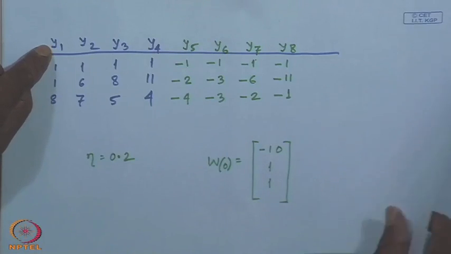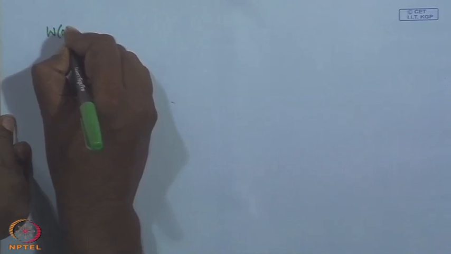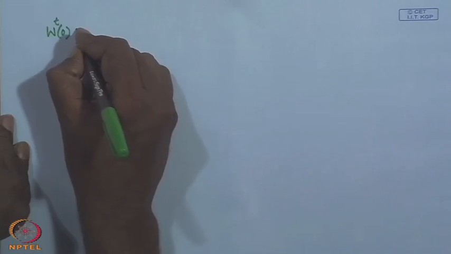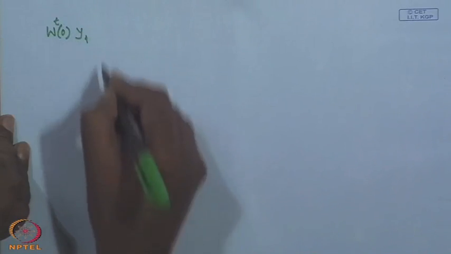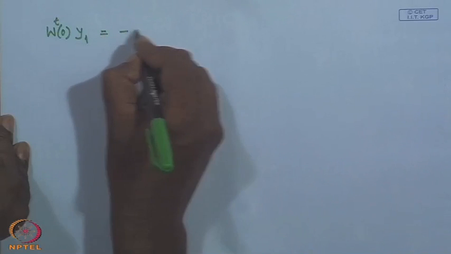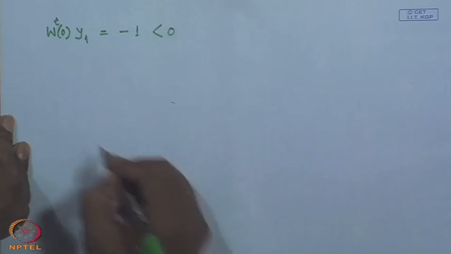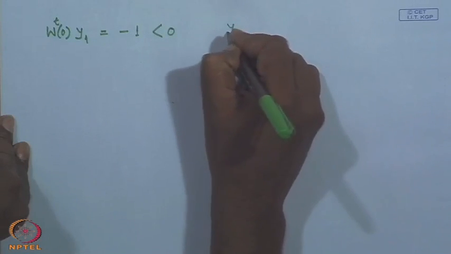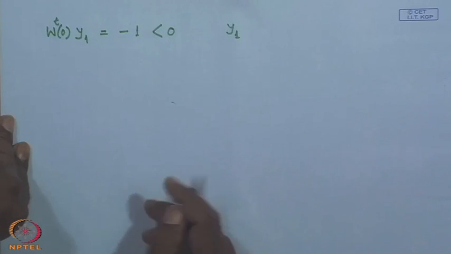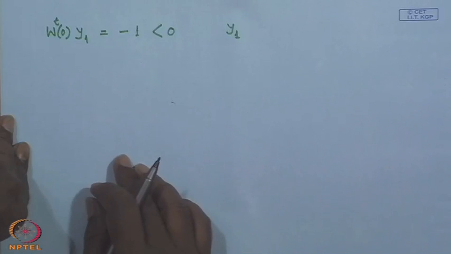So, let us see the different values that we get. If I compute w 0 transpose y 1, as I said, this has a value minus 1, which is less than 0. So, I have to consider y 1 for modification of my weight vector.